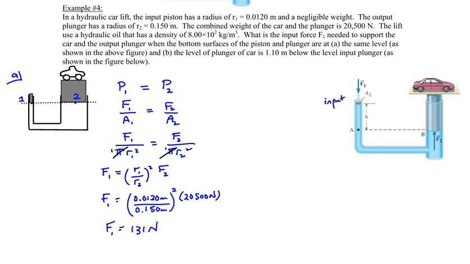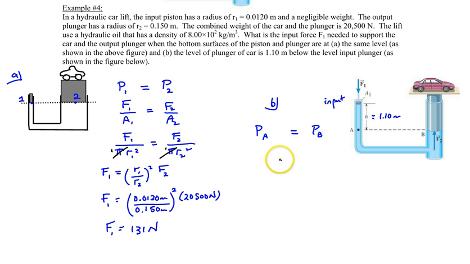Okay, let's move on to part B. Now the plungers are not at the same level, but there's a height difference of 1.1 meters. In this case you're still utilizing Pascal's principle. We're still going to assume that the pressure at A is the same as the pressure at B. However, pressure at A now includes this extra bit of weight of the fluid.